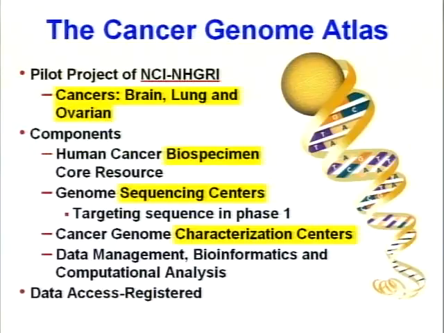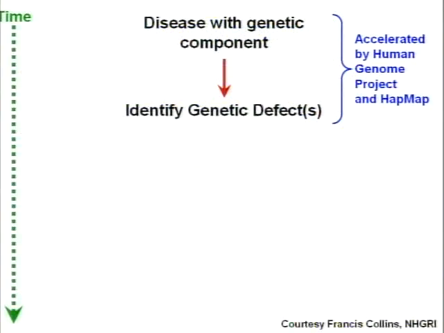This slide shows you that we also have a significant effort, along with the Human Genome Institute, in sequencing tumors to see if we can identify changes and predictors of risk and predictors of behavior of the individual tumors.